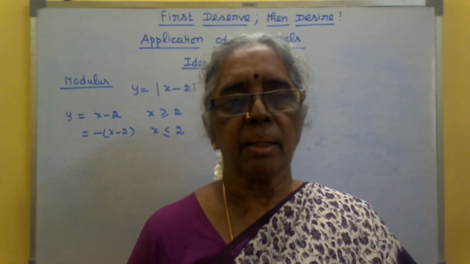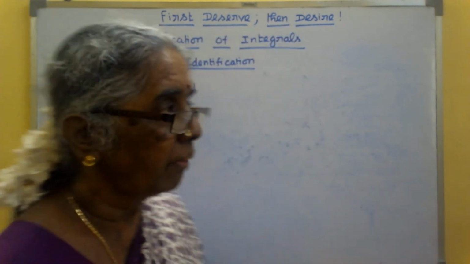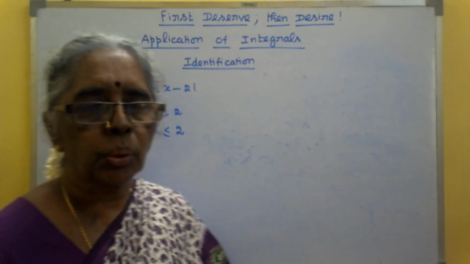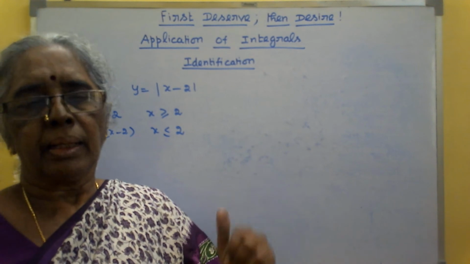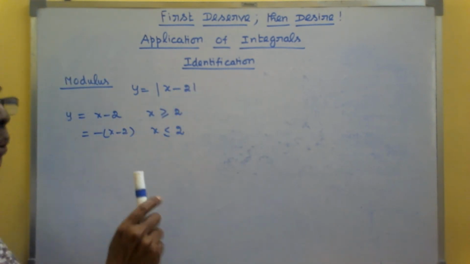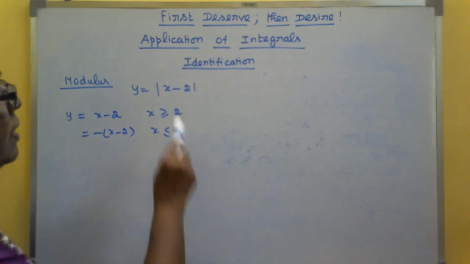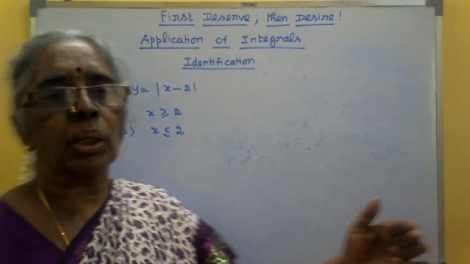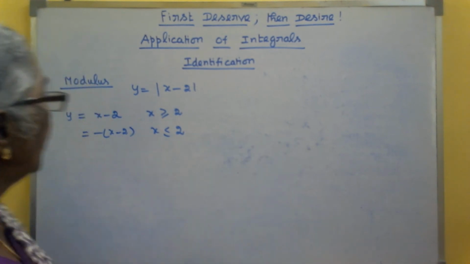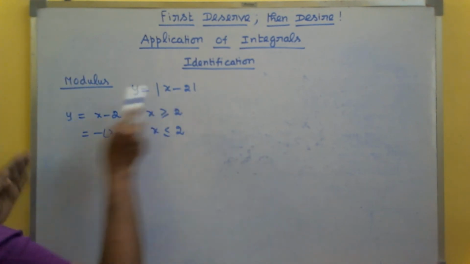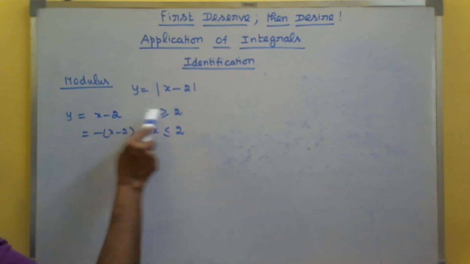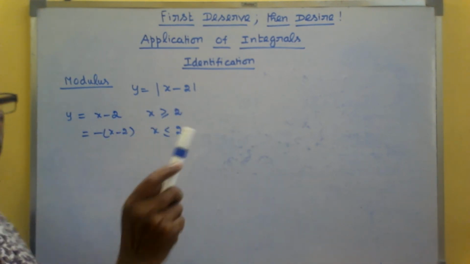Now, let us see the modulus function. That is, when you are getting y is equal to mod of x minus 2, how are we going to represent it in the area sums? Any mod function has 2 interpretations. First, equate whatever is inside the modulus to 0. So you will get the x value as 2, right? Now, mod x minus 2 will be equal to x minus 2, which is positive, when x is greater than or equal to 2.